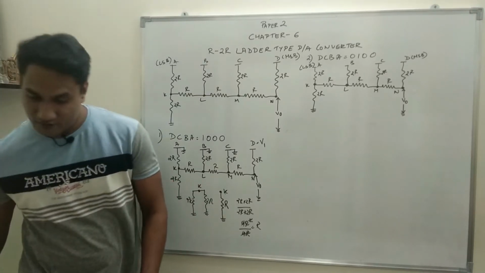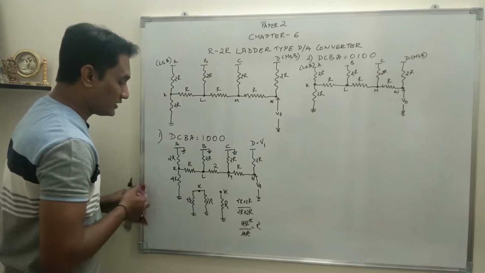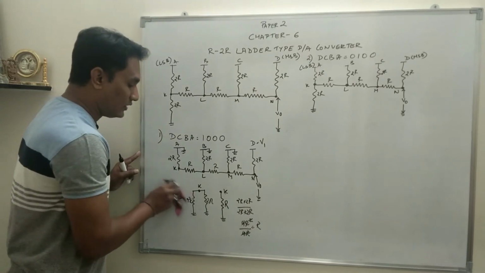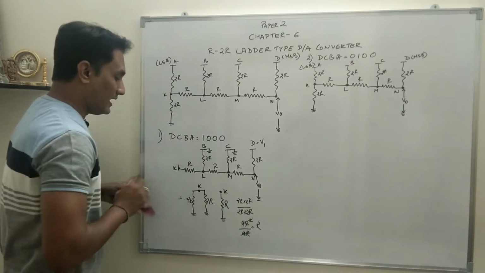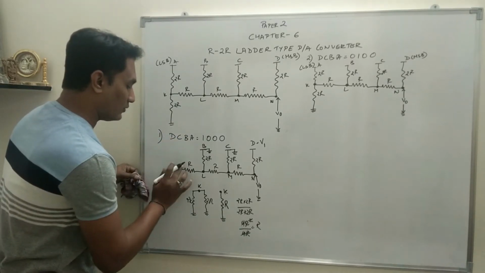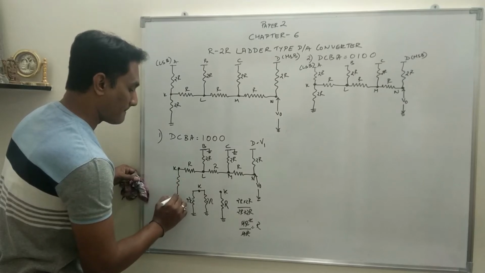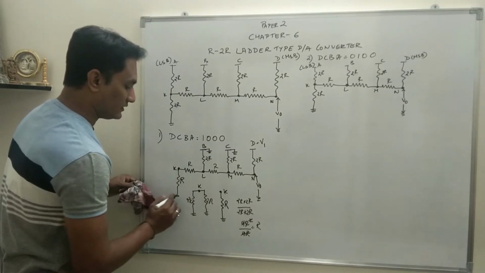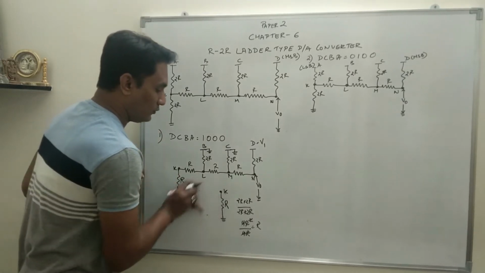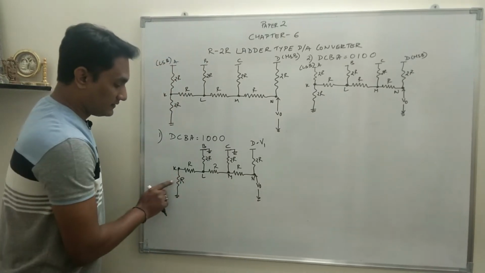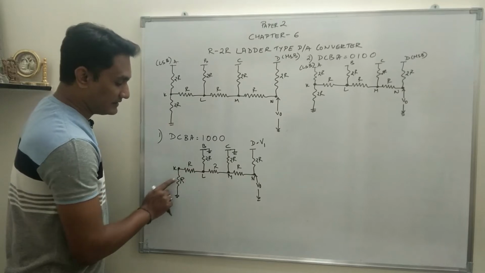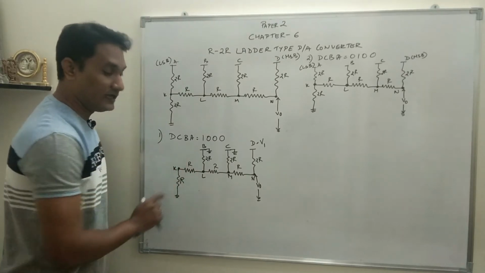I'll rub this off so that you can understand. Now you have understood that as soon as A is grounded, the 2R comes in parallel and the resistance which is left is only R with respect to ground. Now in the figure you can see this R and this R are in series, so they will add up.